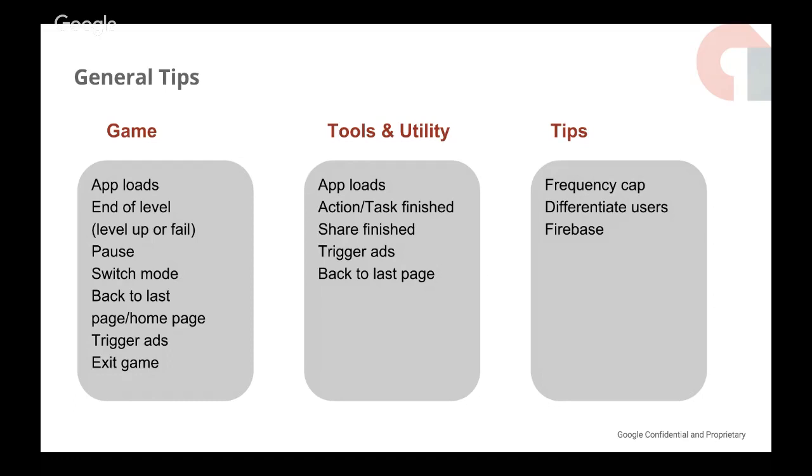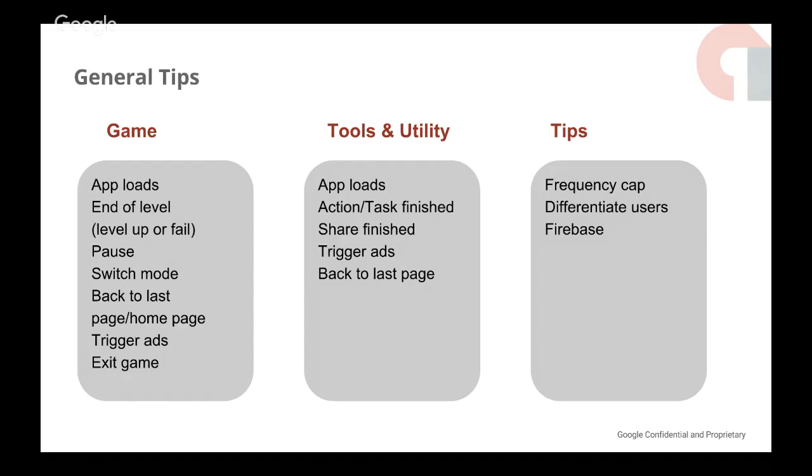Some of the common implementations we've seen so far are when the user has finished a certain task, or has finished the share function within the tools and utility apps. Another very common implementation would be the trigger apps.